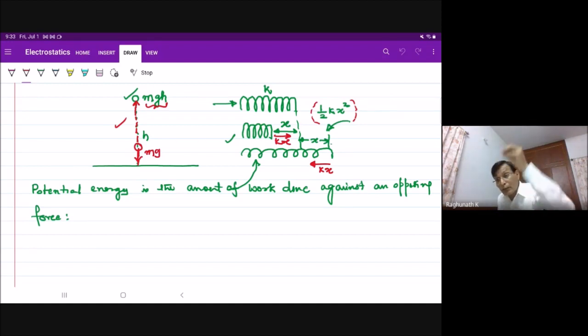When the gravitational pull takes it down, its height is decreasing, its potential energy is decreasing, and it gets converted into kinetic energy. Because of the force, acceleration comes into the picture, then velocity and kinetic energy, automatically. If you lift it up, it gains potential energy. Correct?